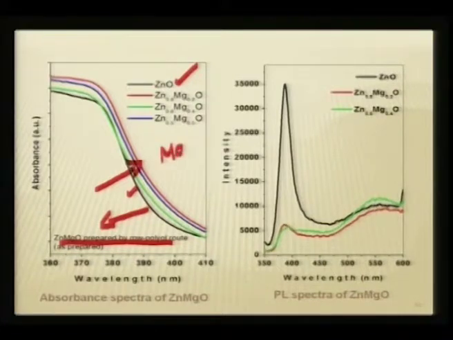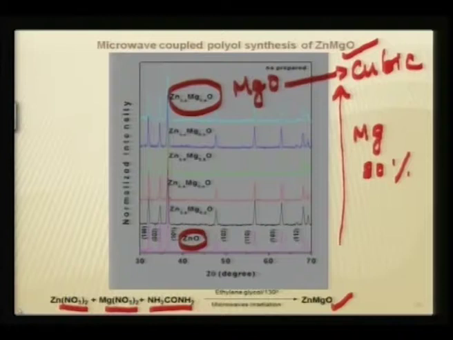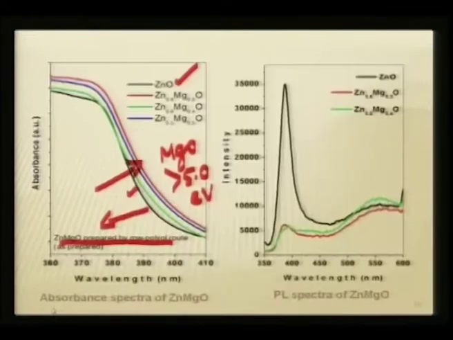Your MgO has a band gap which is more than 5 eV. One would expect with more and more magnesium doping, you should see the band shift towards the blue region, whereas you see the negative trend here. But what did we see in the previous slide, that you do not see any signature for magnesium oxide in the X-ray pattern. So, one would be positively looking for a downward trend instead of an upward trend, and this goes further to say what could have happened.